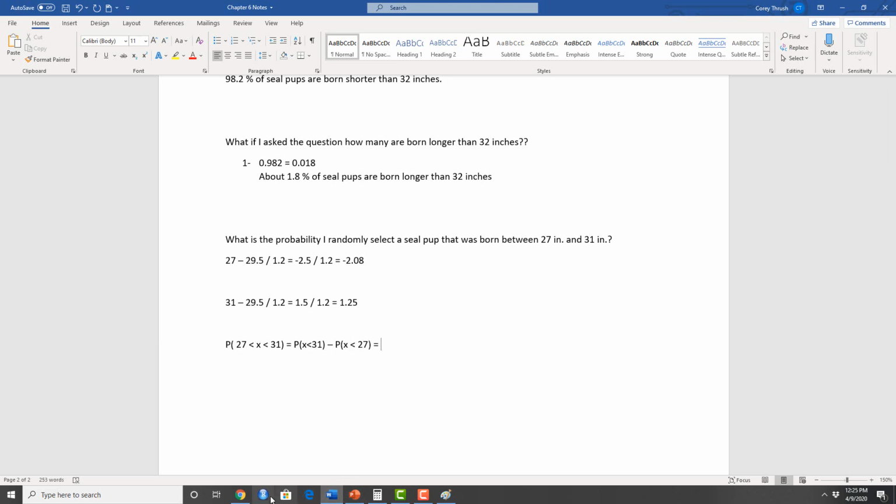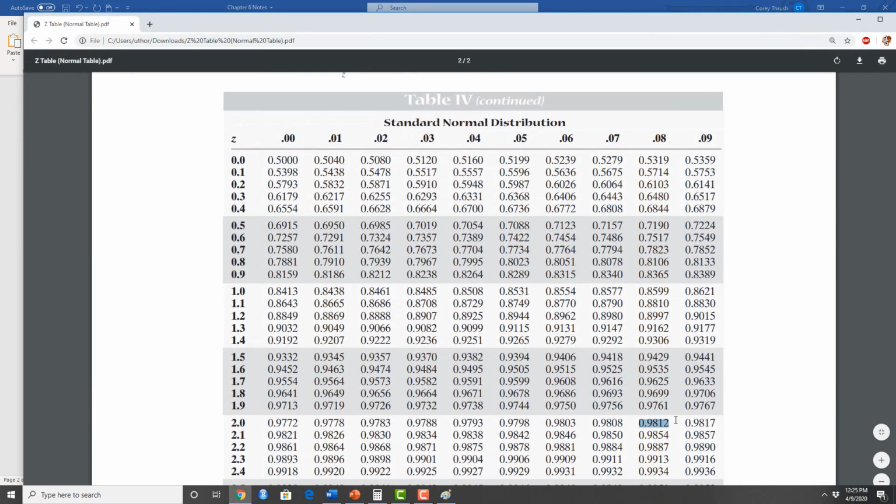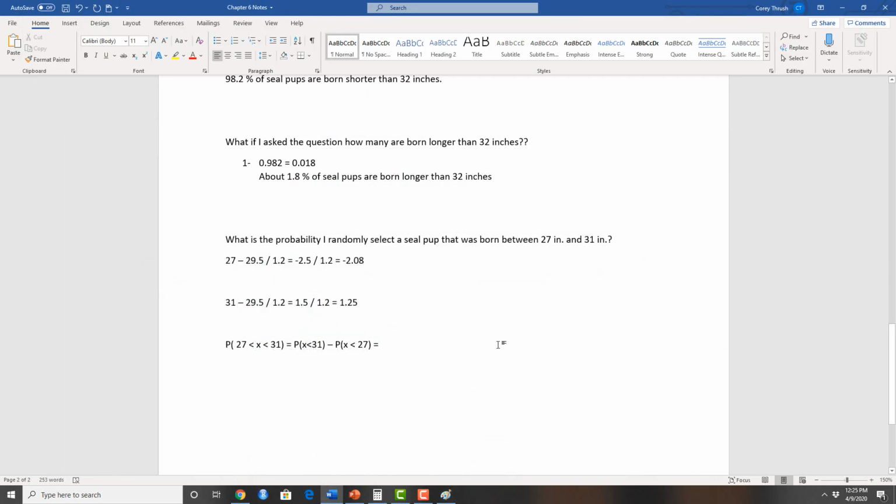So back to our table again, 1.25, right there, 0.8944. So that's what this one is, subtracted by the x less than 27, and that corresponds with this z-score, the negative 2.08.